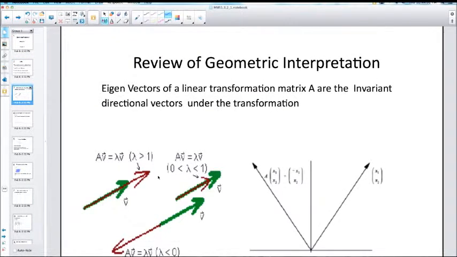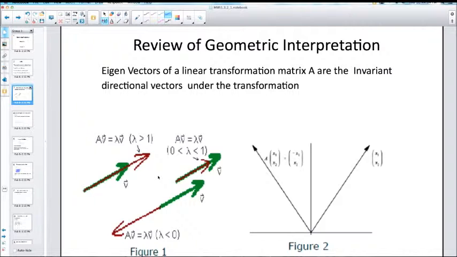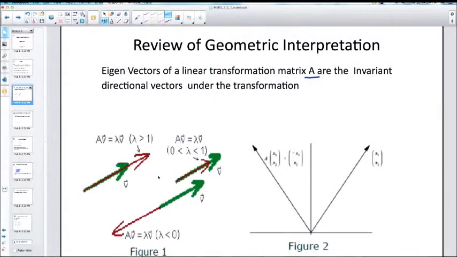Let's review the geometrical interpretation of eigenvector. If we think this matrix A is the linear transformation, and when you multiply A to the vector, the result is the image after the transformation. If we have A times V equals lambda times V, well, the lambda is a scalar.